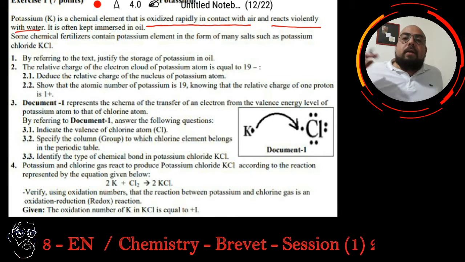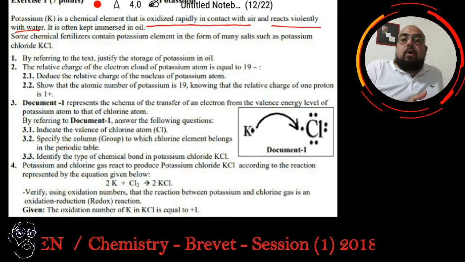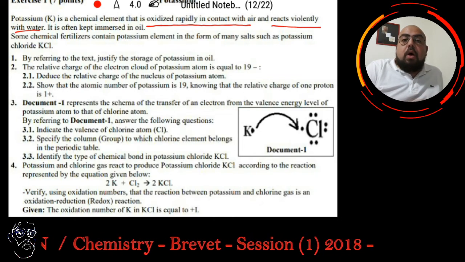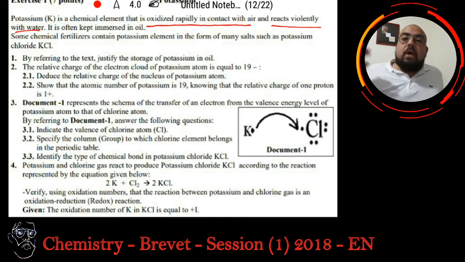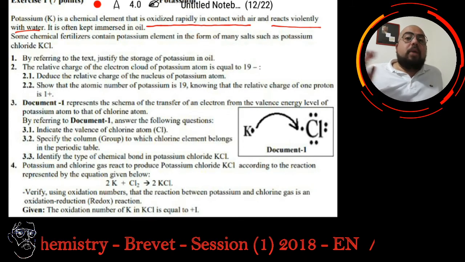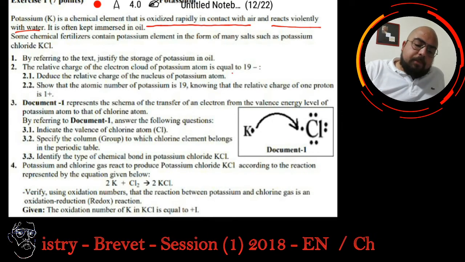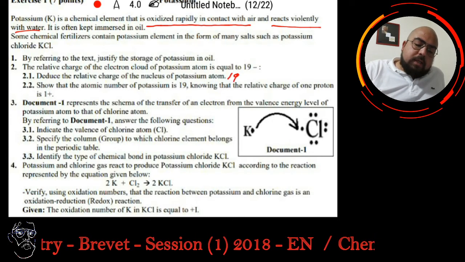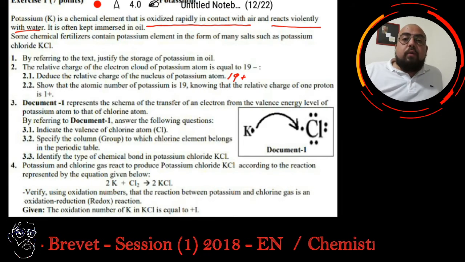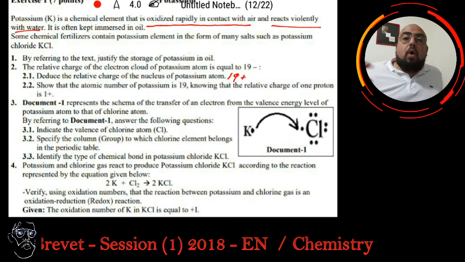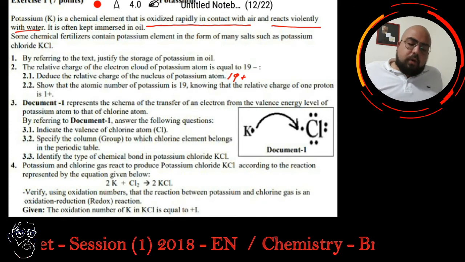That's why the nucleus and the electron cloud both have the same charge, but of course opposite. One of them is 19 minus, the other one should be 19 plus. So you can say that this is 19 plus, simply because it's an atom, it's not an ion. Whenever you have an atom, the whole charge of the atom is 0, it's neutral.